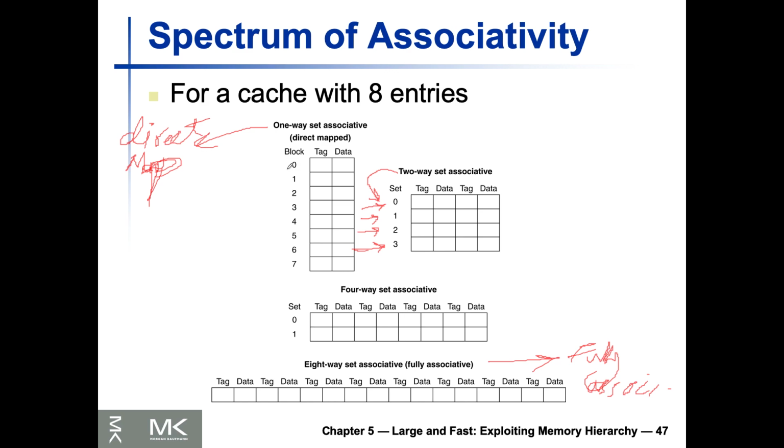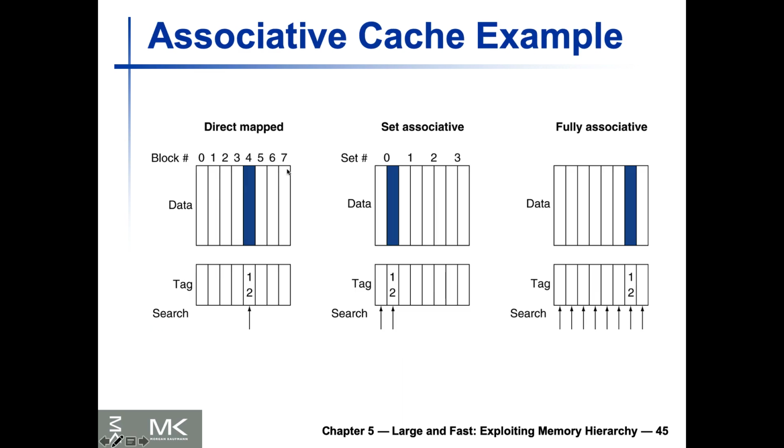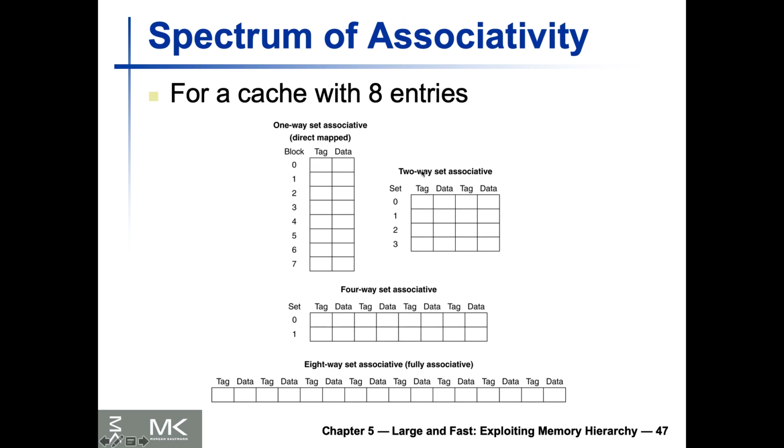Like you want to make it a direct map, which in this case seems longer because you have one set and then you have tag and data. In two-way, you have 4 sets, so it's sort of 4 by 4 because now you have tag data and tag data, just like what you had here, right? So set 0 had 2 tags because in total you must have 8 blocks, okay? So when you divide it in 4 sets, you have multiple sets of a couple tag data.